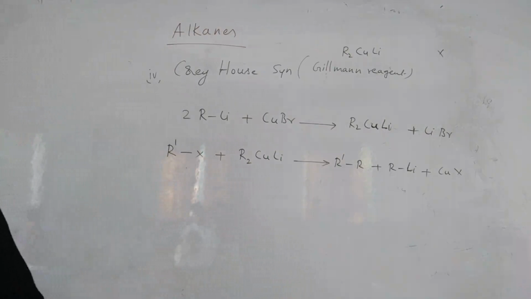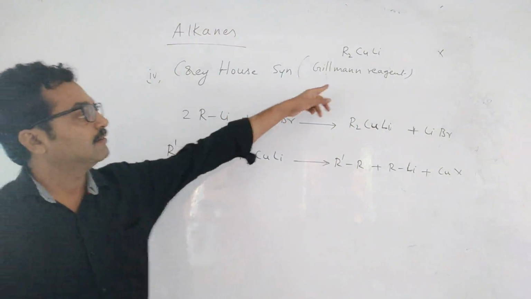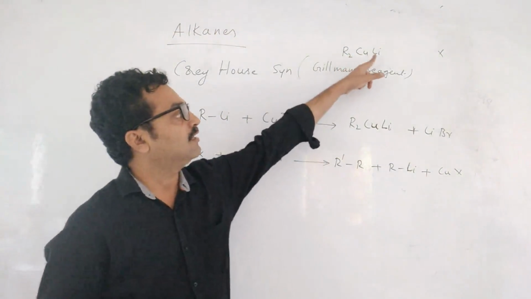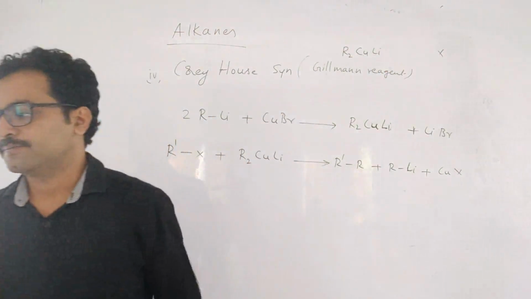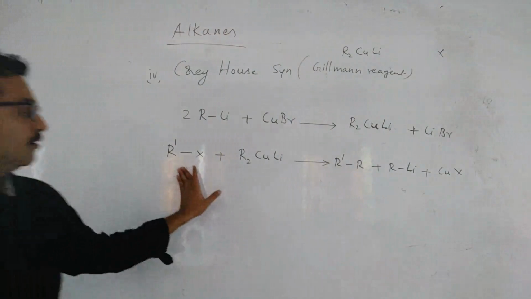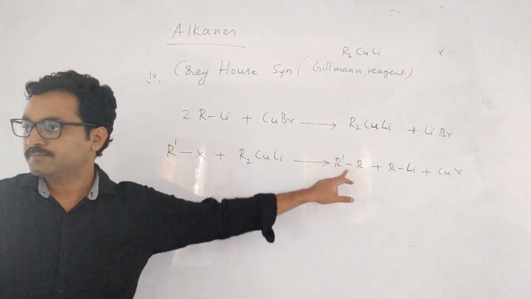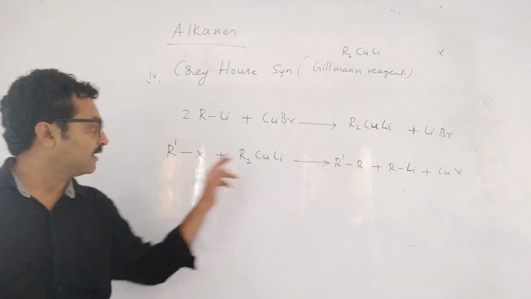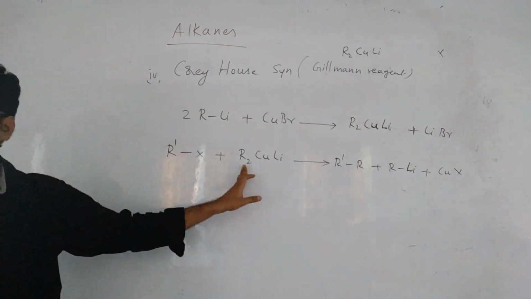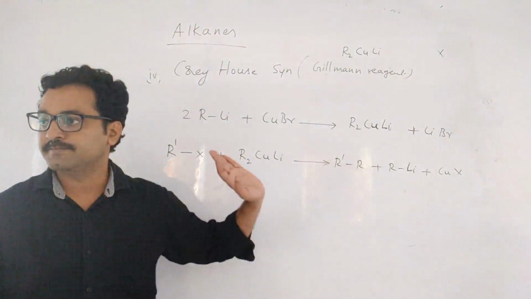Now, what is the difference between Woods reaction and Gilman reaction, and what is the similarity between Woods and Gilman? This is very important. So what is Gilman reagent? Dialkyl lithium cuprate. Here also even number alkanes are prepared. If I take CH3 here and CH3 here, then I can prepare ethane.